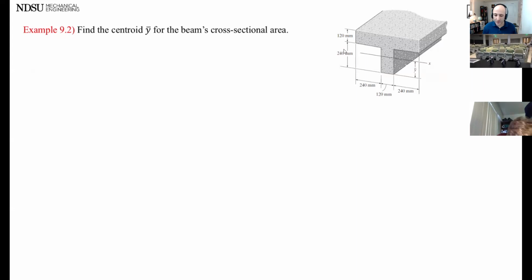But anyways, we're talking about centroid. What is the equation for centroid y bar?